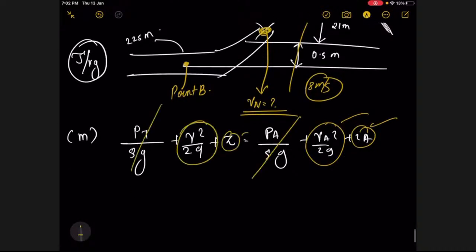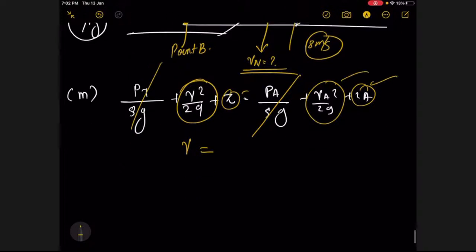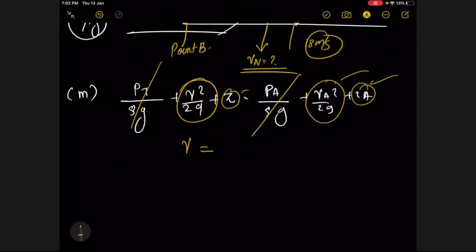Now you can easily calculate this velocity because all data is given. If you calculate this, the velocity at the nozzle will come to 27.1 meter per second.